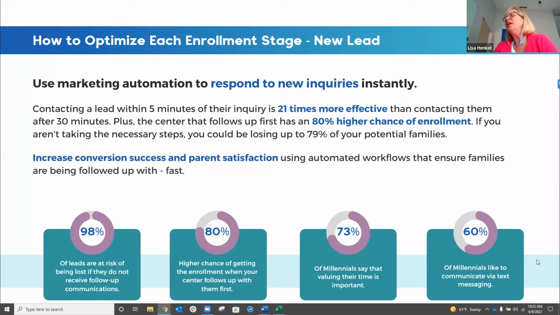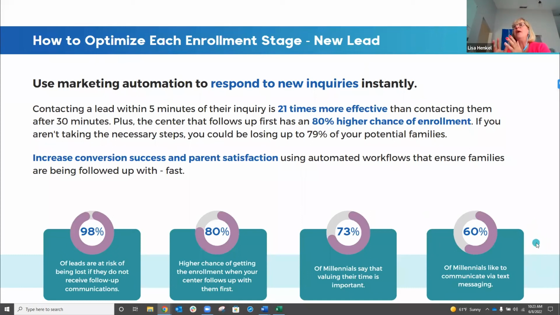And the first thing that we know from our research that Mike shared with you before is that speed to action is incredibly important. The quicker that we are able to respond to parents when they inquire, the more likely they are to stick with us throughout the journey. First follow-up is very, very important and urgent.